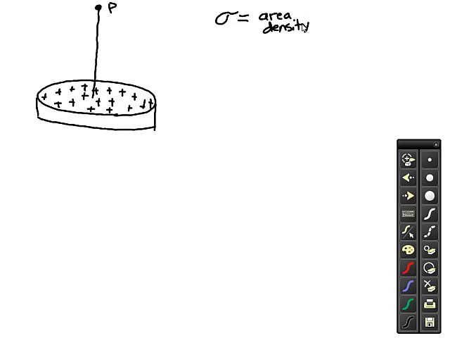Okay? Better way, instead of saying area density, better way of saying it is charge per unit area, right? So what's the electric field at P? What you actually do is, I'm not going to do this, but what you actually do is you turn it into a zillion rings.